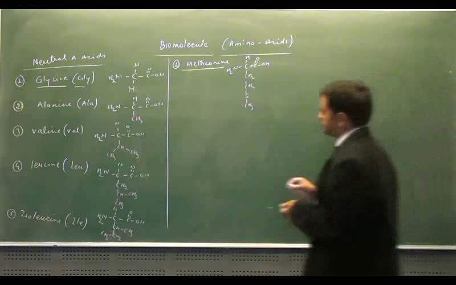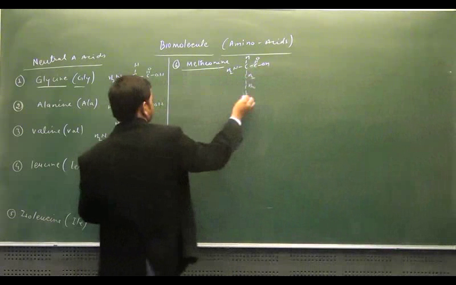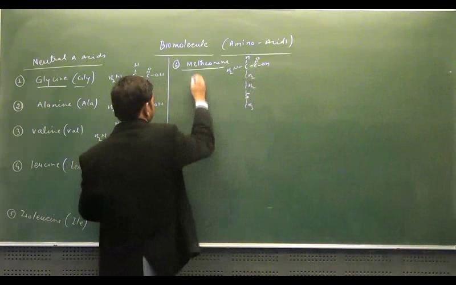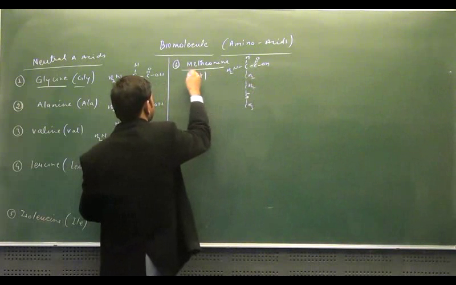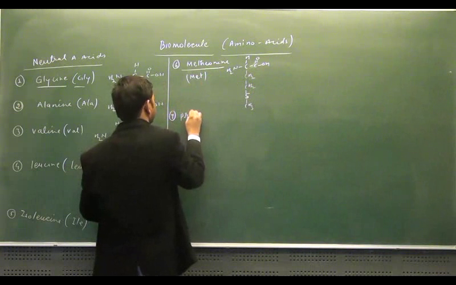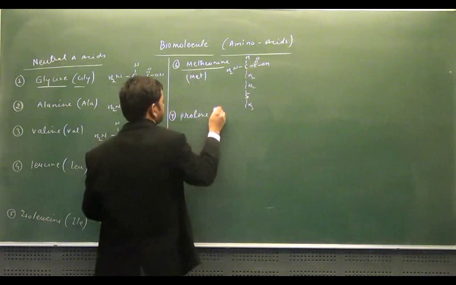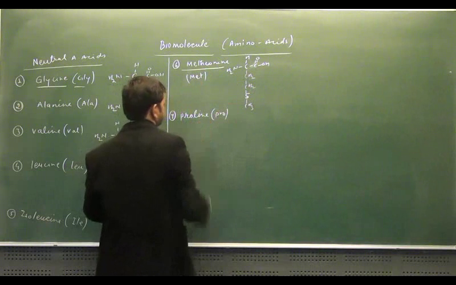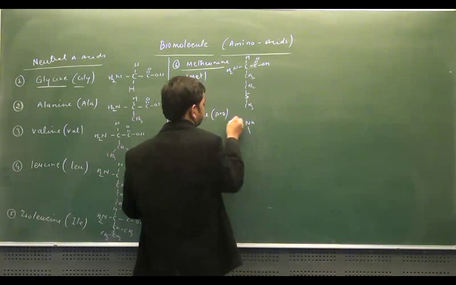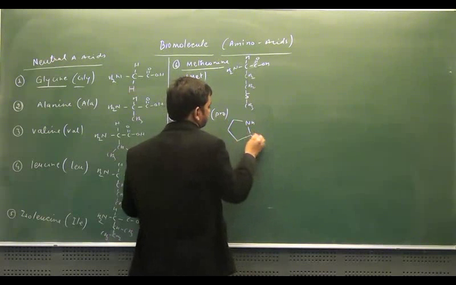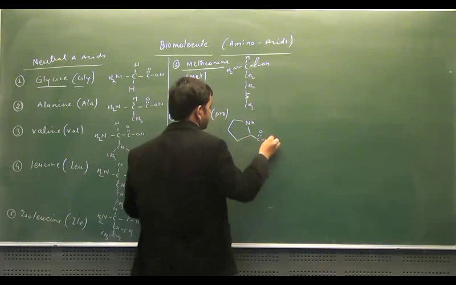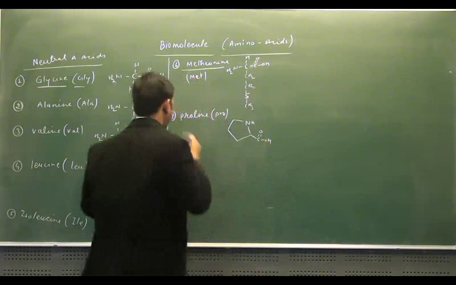Sulfur is present in methionine, MET. Number 7, proline, PRO. This is side chain, it is a cyclic amino acid.